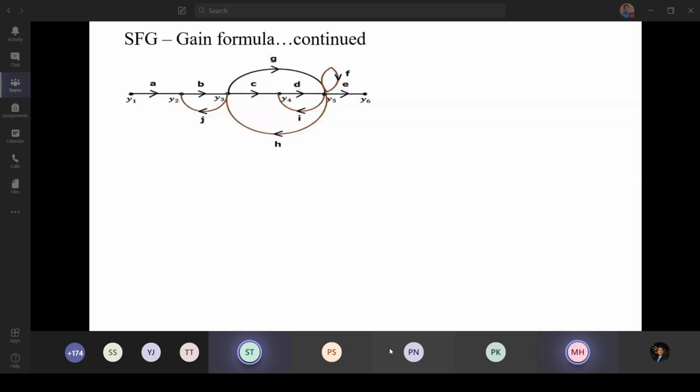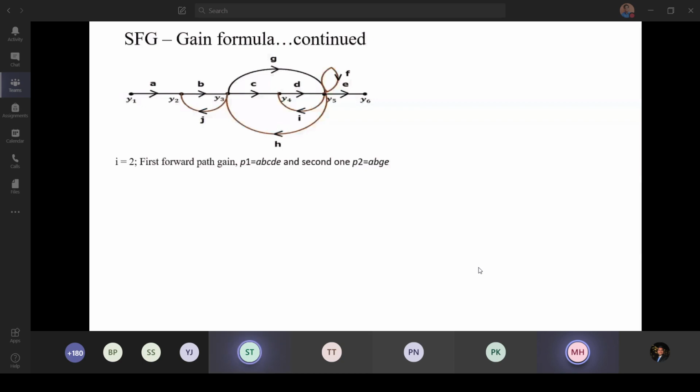So let us apply the gain formula to find out y6 divided by y1 in this diagram. First we have to find out how many forward paths there are between the two, that is y6 and y1.